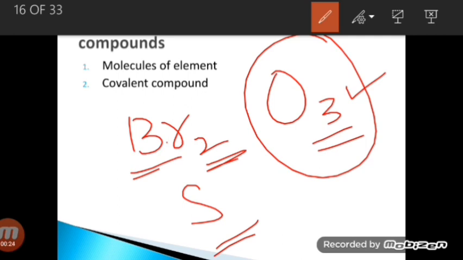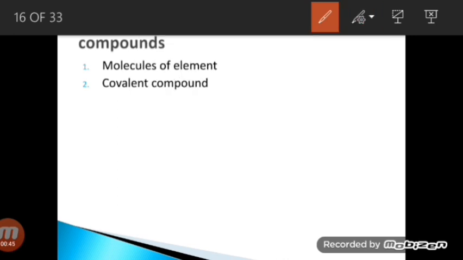Very often we can derive the chemical formula of a covalent compound from its chemical name. The chemical name of a covalent compound usually indicates the elements which are present inside the molecule, and may contain a prefix, and the prefix will also tell us the number of atoms of the element. Let's take an example in order to understand it. Let's suppose we are having sulfur dioxide.